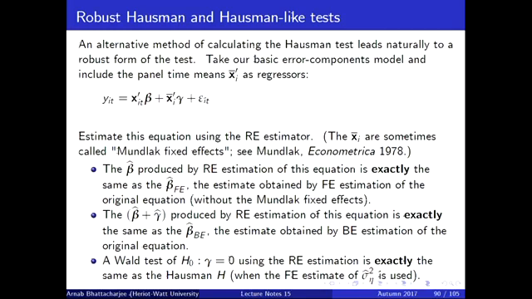So one way of doing that is taking your original model, but what you are doing is you are also adding the means as additional regressors. Okay? So you do that, and now estimate this using the random effects estimator.